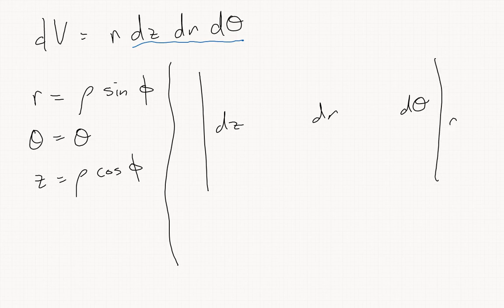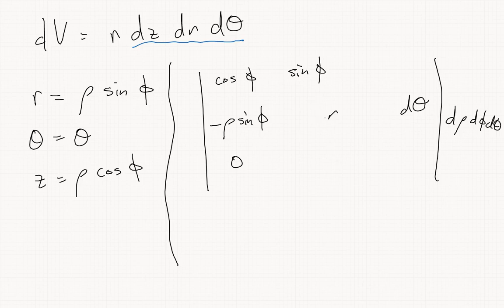As before, we can just pull out the d's. So the dz row is cos phi with respect to rho, negative rho sine phi with respect to phi, and 0 with respect to theta. And I'll put the d rho d phi d theta here. dr will be sine phi d rho, rho cos phi with respect to phi, and 0 with respect to theta.